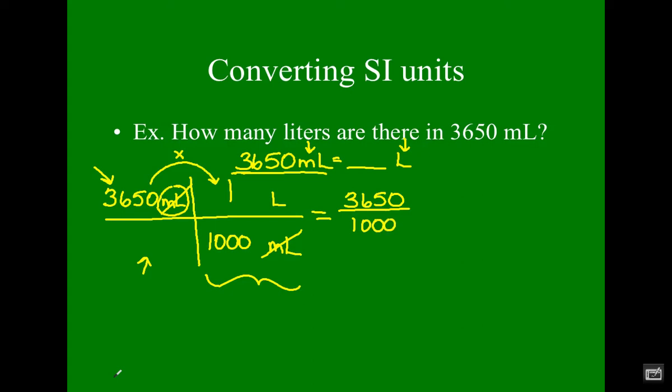If I had more, I would multiply them just like I did along the top. My last step is in my calculator to punch in 3,650 divided by 1,000. When I do that, it comes up as 3.65. And the unit is the remaining unit that did not cancel, and that unit is liters.